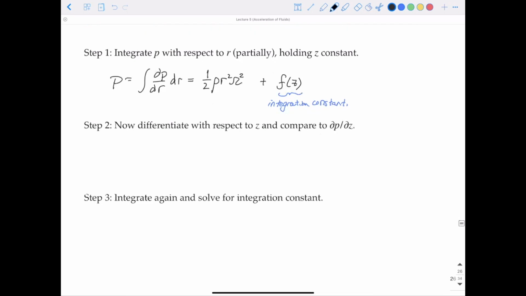So once we have this equation, we're going to differentiate this equation now with respect to z. And if we do that, we could look ahead. All we're going to have left is the function of z, or integration constant, prime, or the derivative of that. So now dP dz, the derivative of this function up above with respect to z, this first term is a constant, so that would just be 0, and all we're left with is f prime of z, the derivative of that function f of z.